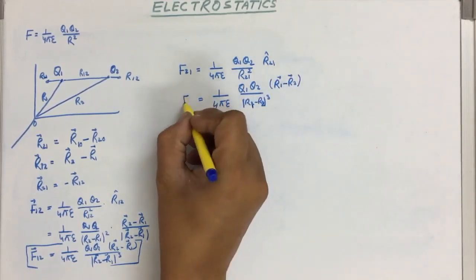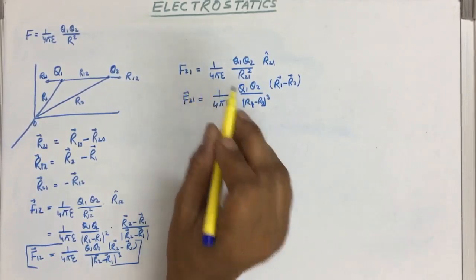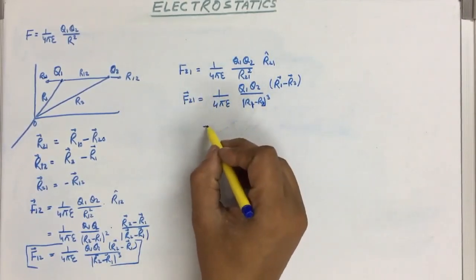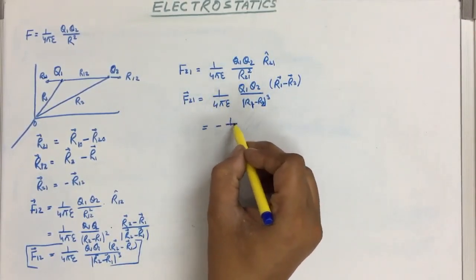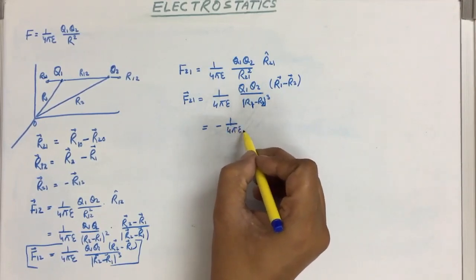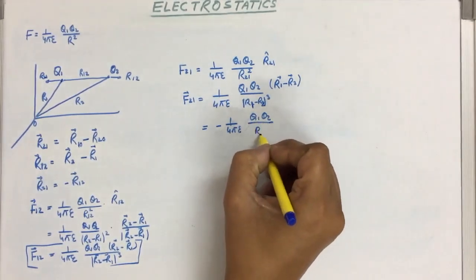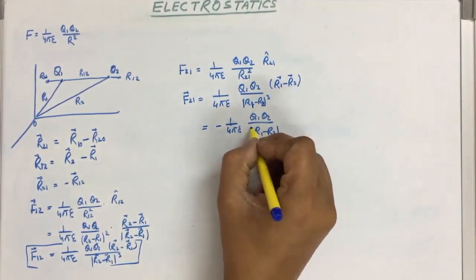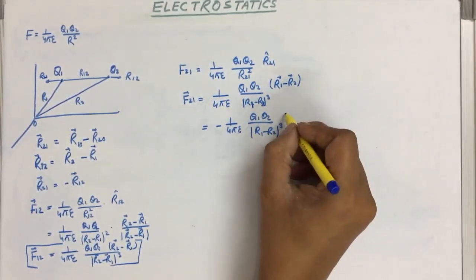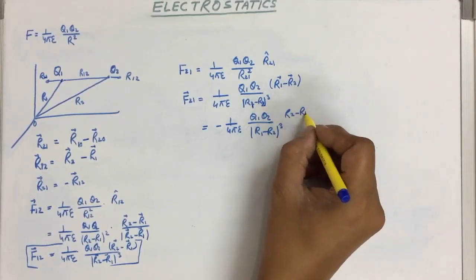So in this way what we can observe, this can be written as 1 by 4 pi epsilon Q1 Q2 over R1 minus R2 cubed, times R2 minus R1.